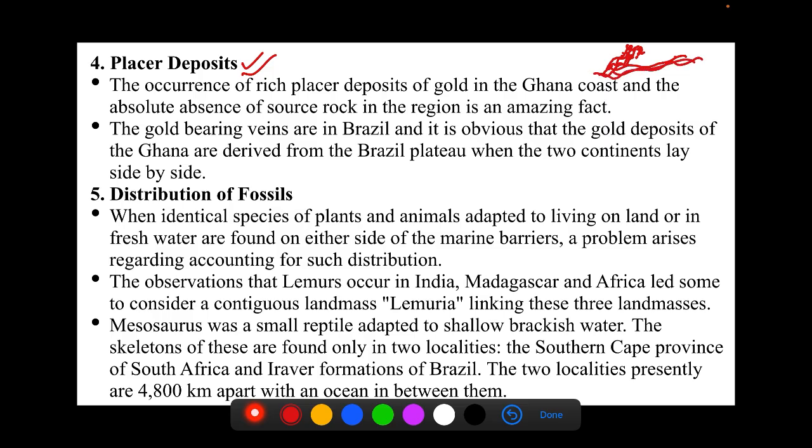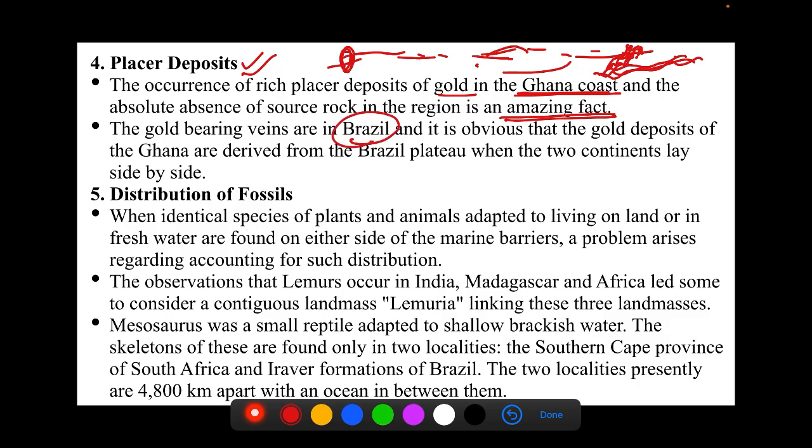So for example, think that gold is being formed at this place, and through water it is present at different places. So the occurrence of rich placer deposits of gold on the Ghana coast and the absolute absence of source rock material in the region is an amazing fact. So we can find that in Ghana gold is present, but we do not have any source of this gold.